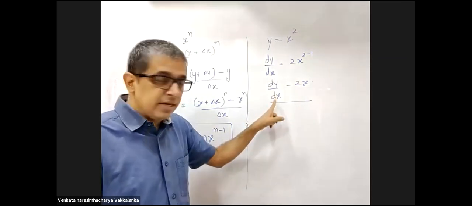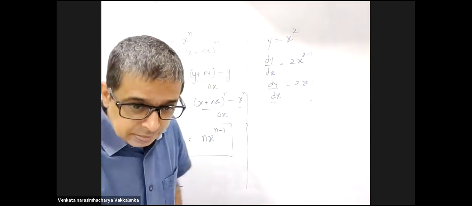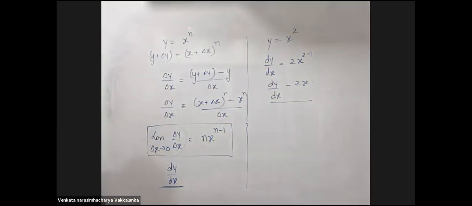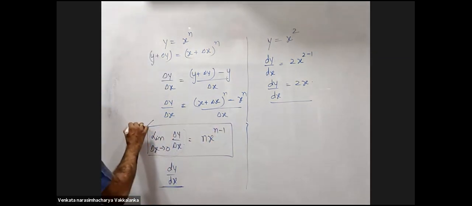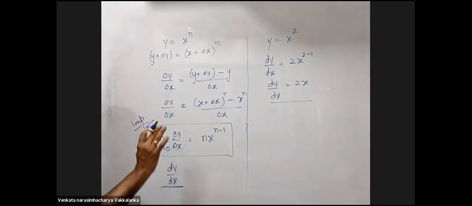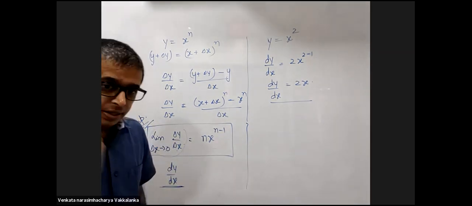Then we call it dy by dx. Is this point clear? Yes, sir. This formula is important, based on which the whole of today's class will be. Take it down there.